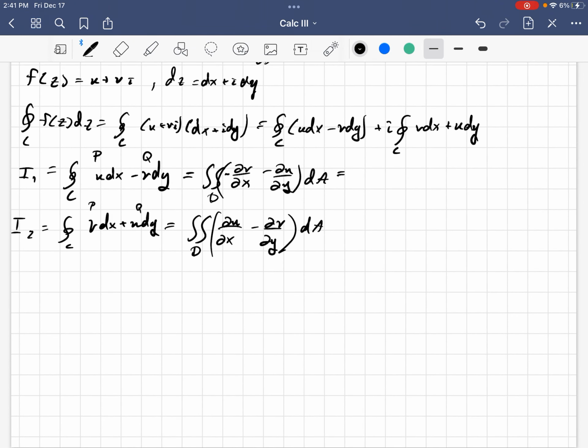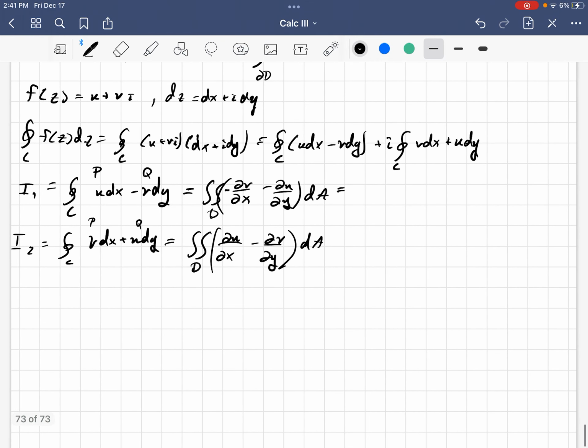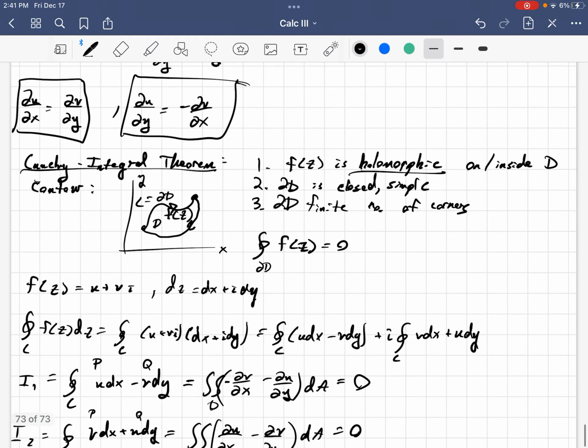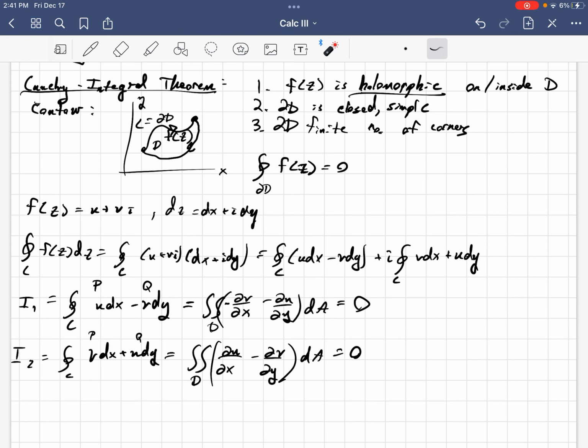And so both of these facts about complex differentiability make these the same and these the same. And so they just cancel out and the integrand is 0 and the integral is 0. And so the whole contour integral over the boundary curve of f(z) is 0. And that's a really neat result.